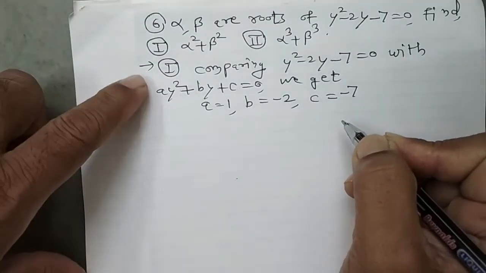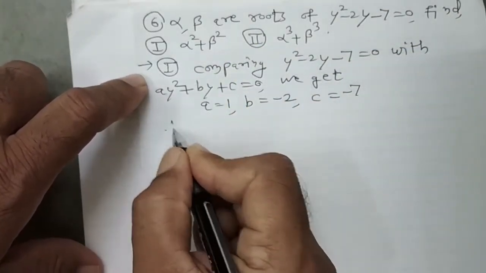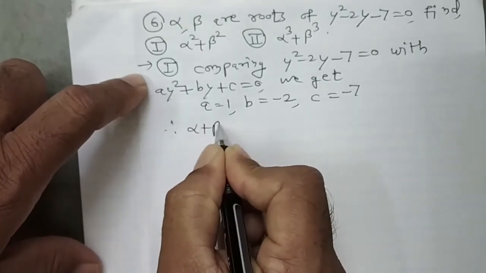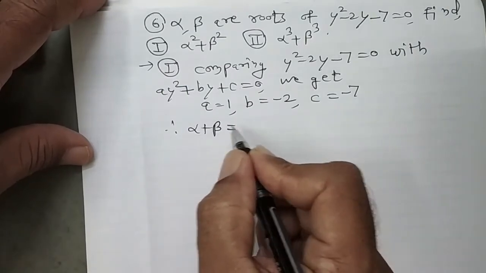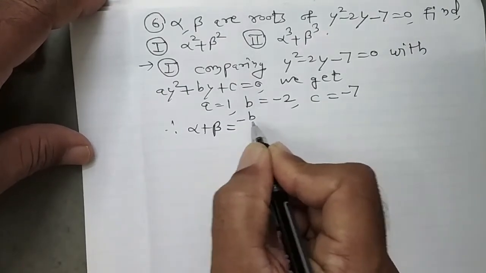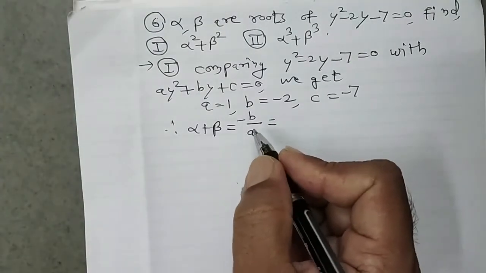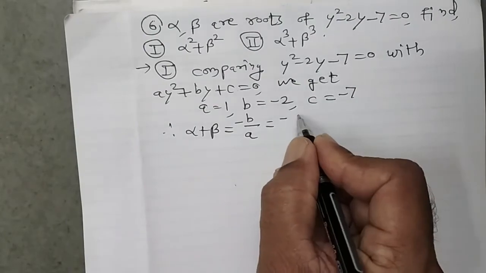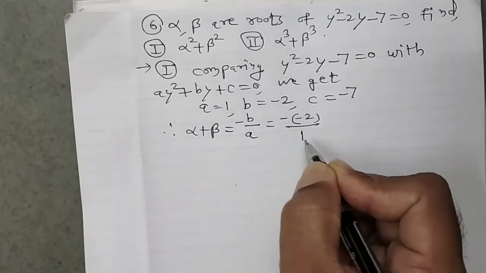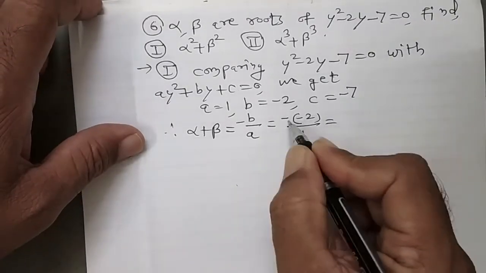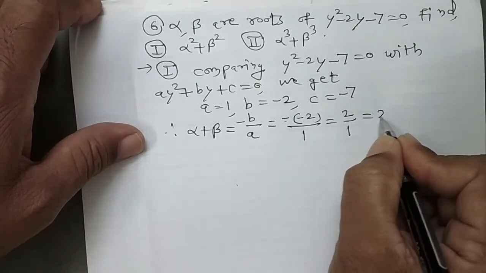Now we have given alpha and beta are the roots of this equation. Therefore we have to find the sum of roots. We know the formula, sum of roots alpha plus beta is minus b upon a, is equal to, now put the value of b, minus into bracket, the value of b is minus 2 divided by a is 1, is equal to minus of minus 2 divided by 1, is equal to 2.